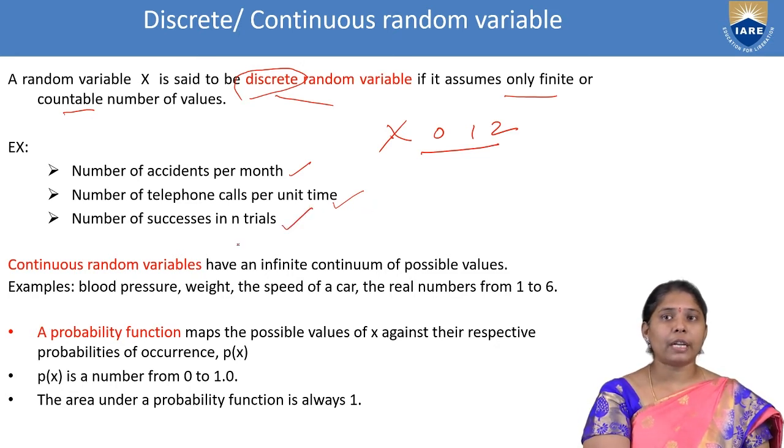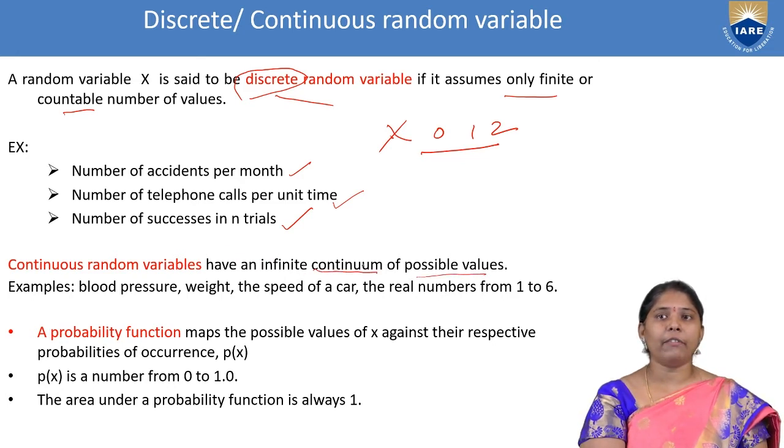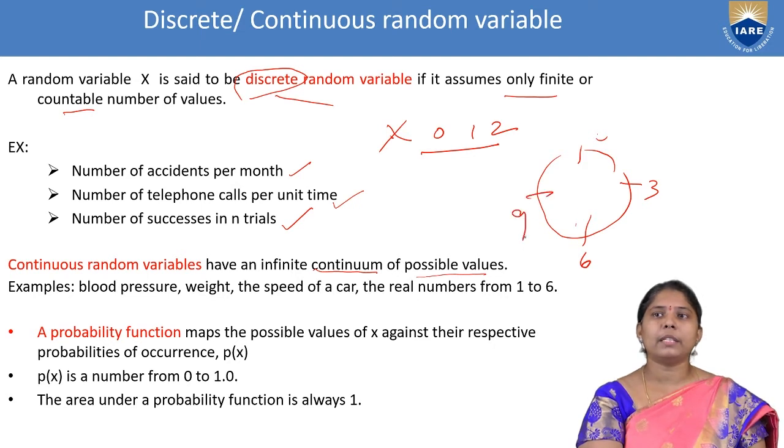Then what is a continuous random variable? It has continuous, infinite values. For example, take an experiment with a wheel. On the wheel the numbers 0, 3, 6, 9, 12 and so on are marked. It is rotating and can choose any value between 0 and 12. Now the sample space is 0 less than or equal to X less than or equal to 12, so the sample space is continuous.